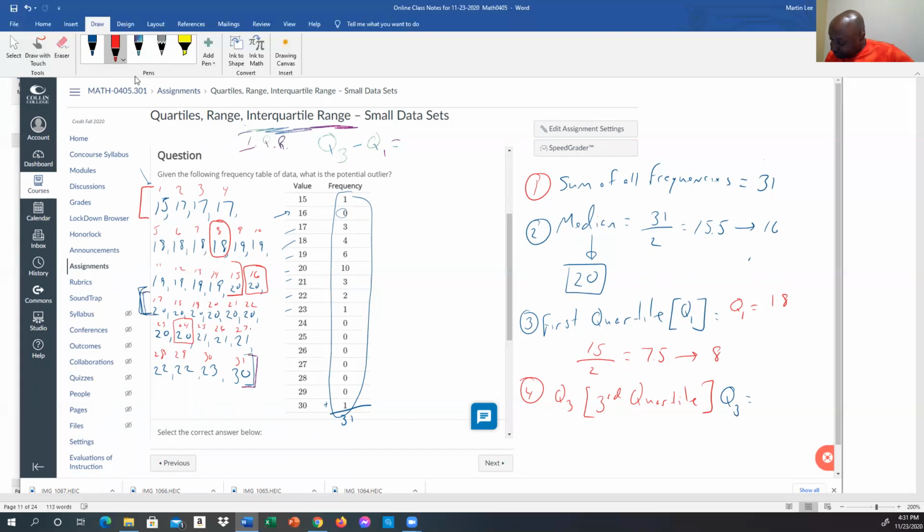This is the median because I have 7 values to the left of it and 7 values to the right. So my Q3 is equal to the number 20. Now I can calculate Q3 minus Q1: 20 minus 18 is equal to 2.